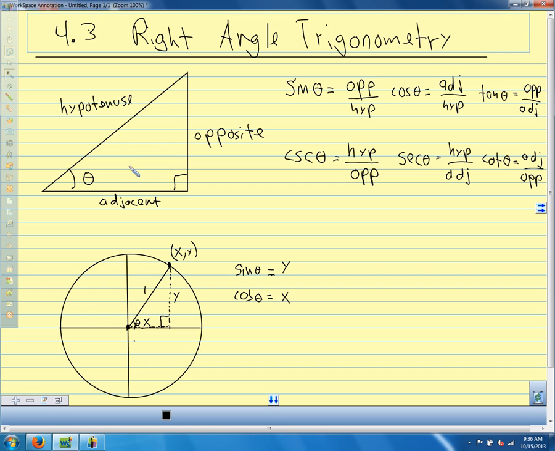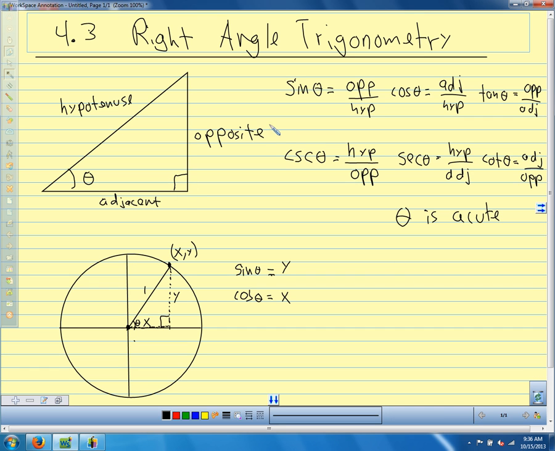Now, a couple of things when we're talking about right triangles, and we're using these ideas, we're saying that theta is acute. So theta's less than 90. This is our 90-degree angle, so we can't have another 90-degree angle on that.